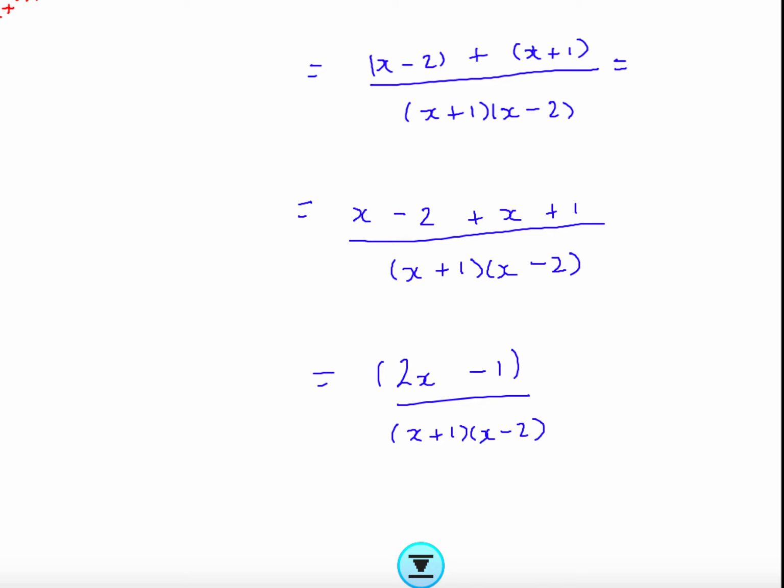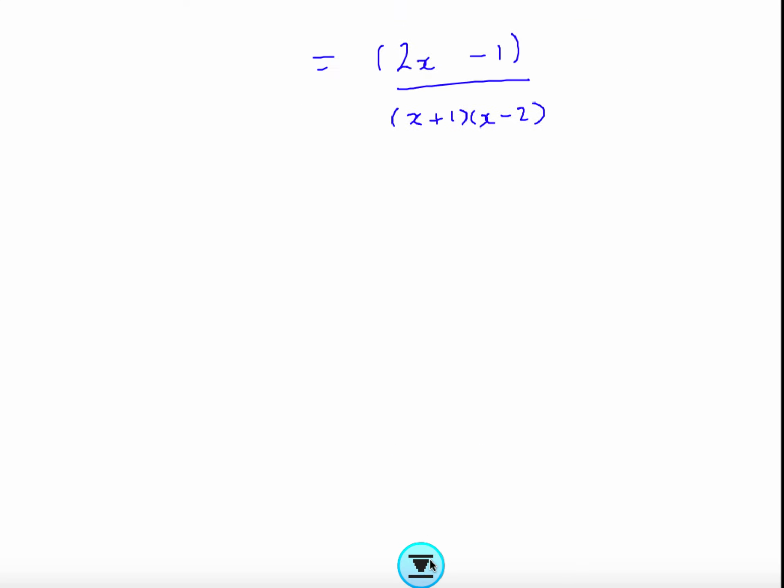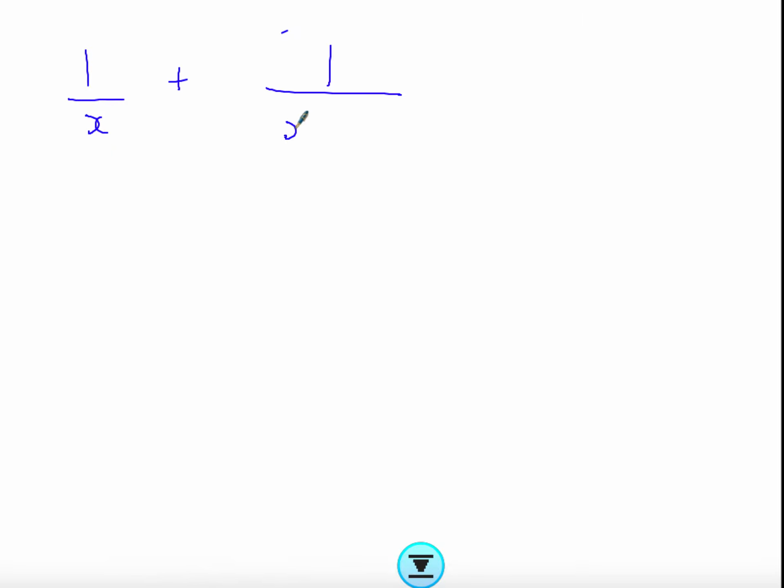Now, what if we had something even different, and I had 1 over x plus 1 over x plus 1.